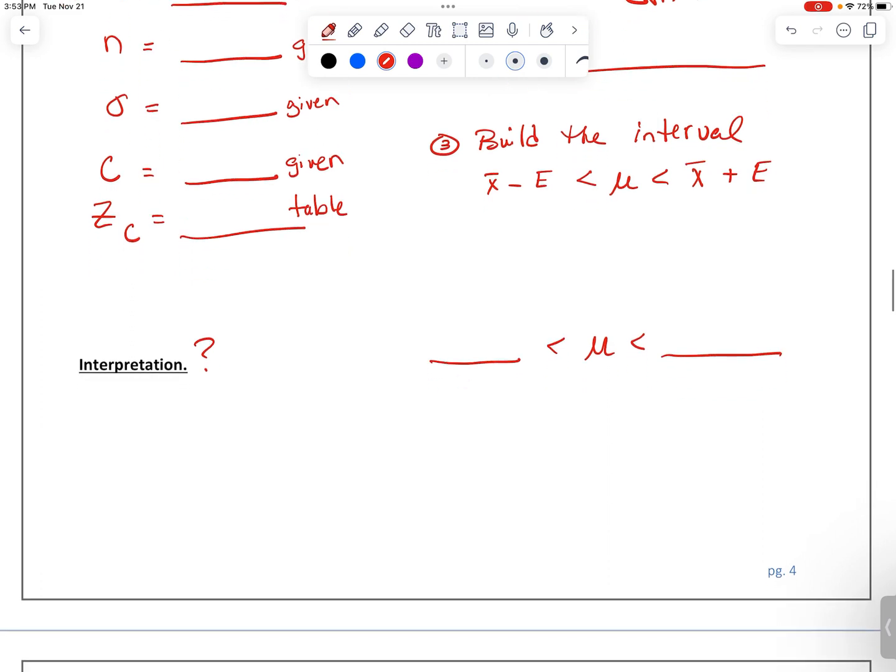All right. And then one last thing to note here. Just a quick note so that you can see why the interval is important.